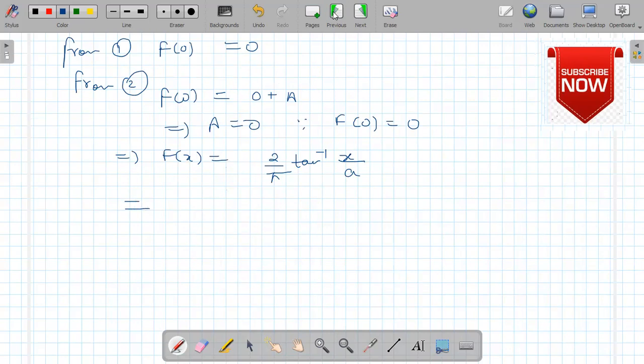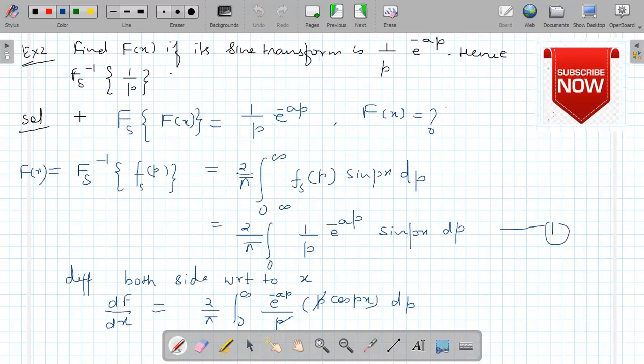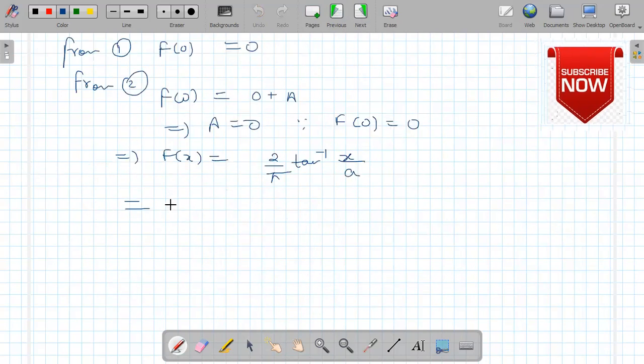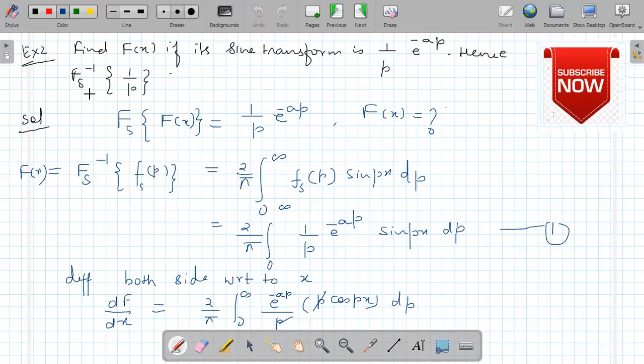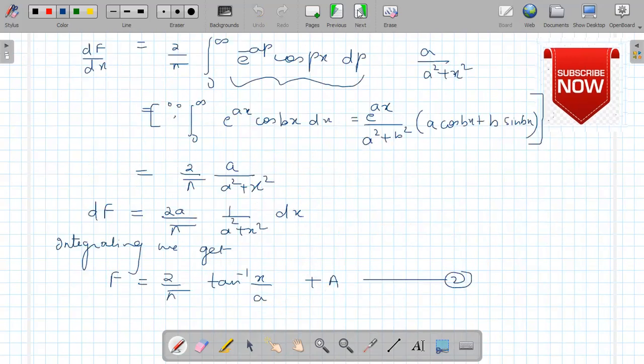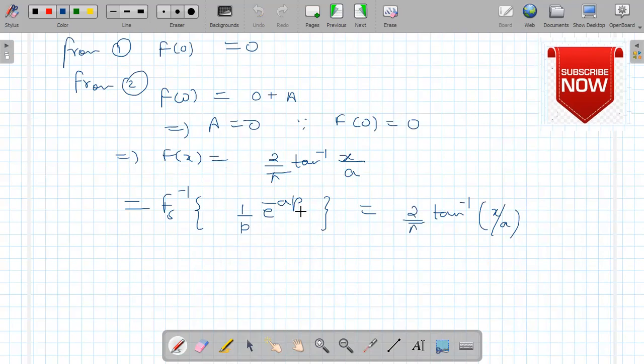So f(x) is nothing but the Fourier sine inverse of this function. Fourier sine inverse of 1 upon p e to the power minus ap is 2 upon pi tan inverse x upon a. Now we have to find Fourier sine inverse of 1 upon p, which is obtained if you put a is equal to 0 in this equation.